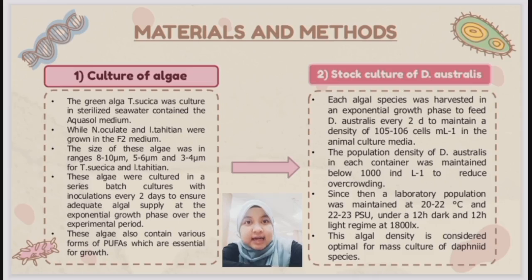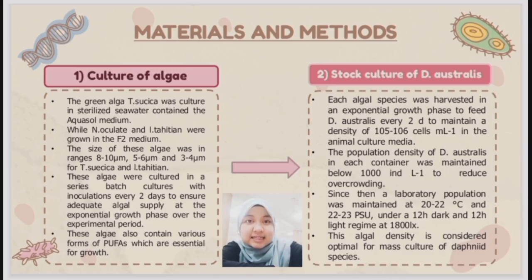The population density of Daphniopsis australis in each container was maintained below 1000 individuals per liter to reduce overcrowding. The laboratory population was maintained at 20 to 22 degrees Celsius and 22 to 23 PSU under a 12-hour dark and 12-hour light regime at 1800 lux.